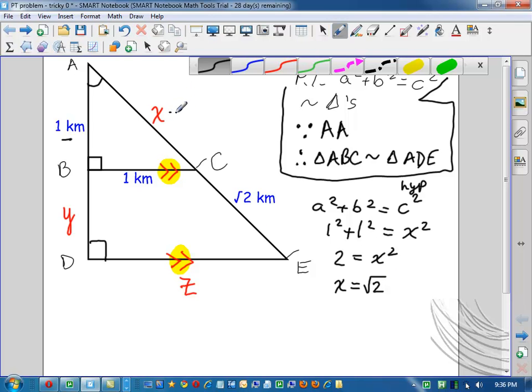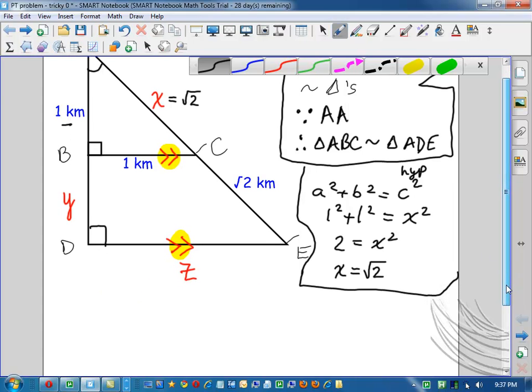So let's write that in since we have that now, because that makes our lives easier. Because now we have this whole side here. We have 2, square root of 2 and square root of 2. So let's continue down here. I'll put a little line separating this. So here's the next part.